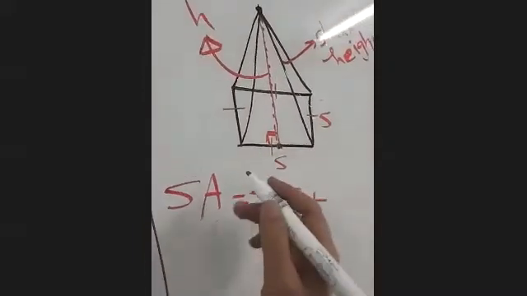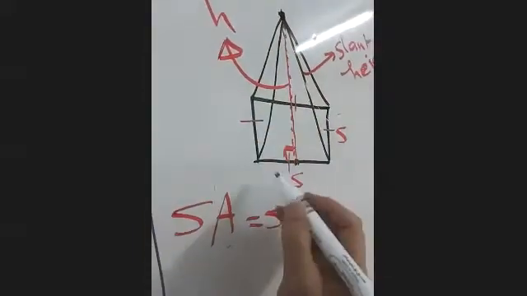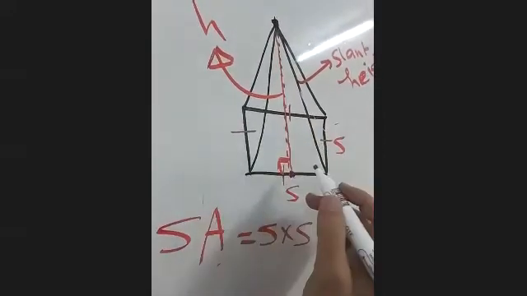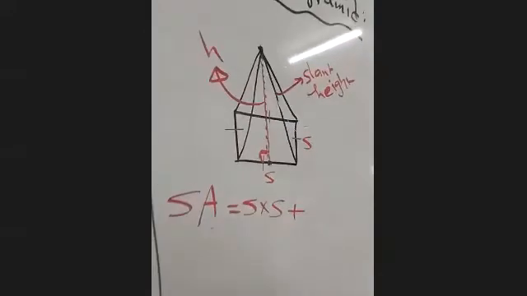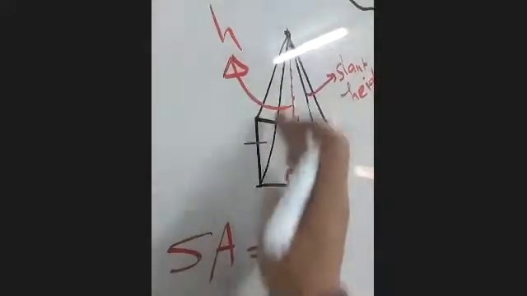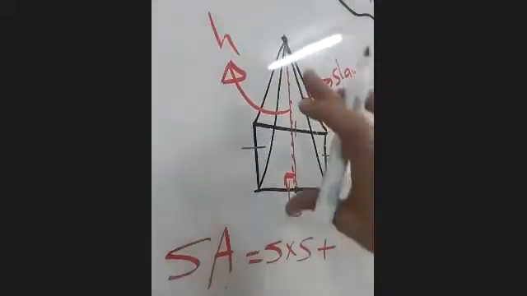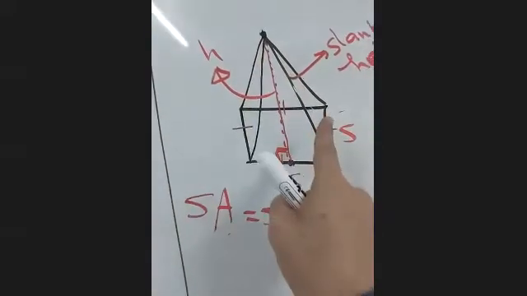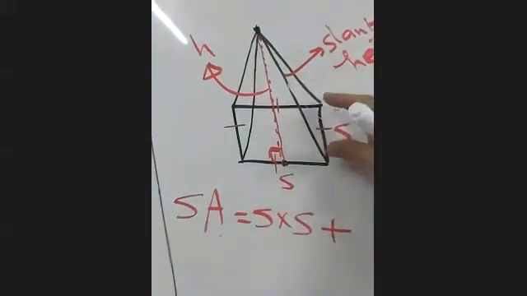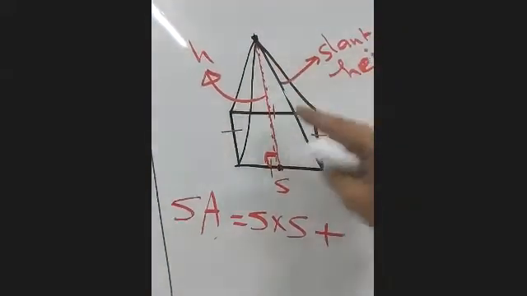Because down we have 4 equal sides, all of the bases of the triangles are equal. This triangle here has base S and height H. This triangle to the right has base S and height H also.